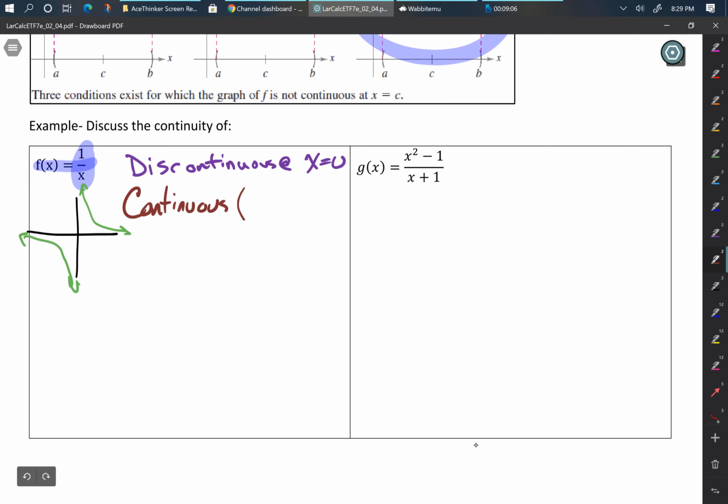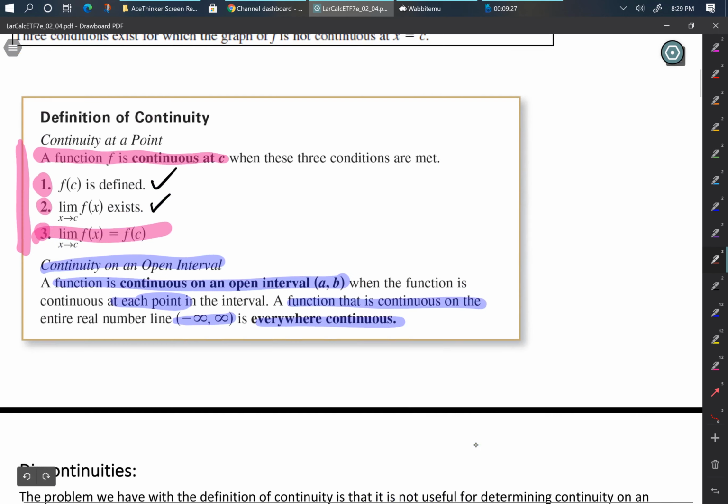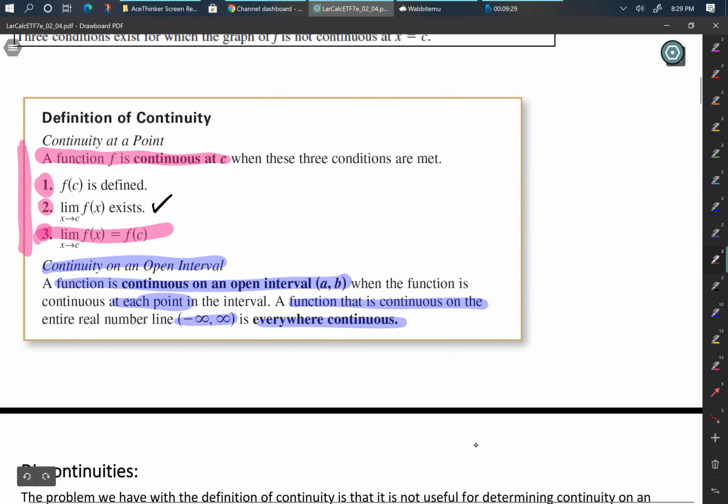Well, it's going to be continuous from negative infinity to 0, union with 0 to infinity. Okay? By the way, why is it discontinuous there? And don't say vertical asymptote, because that's not acceptable. Which one of these three does it fail to make it discontinuous? Okay, well, right there, first one.